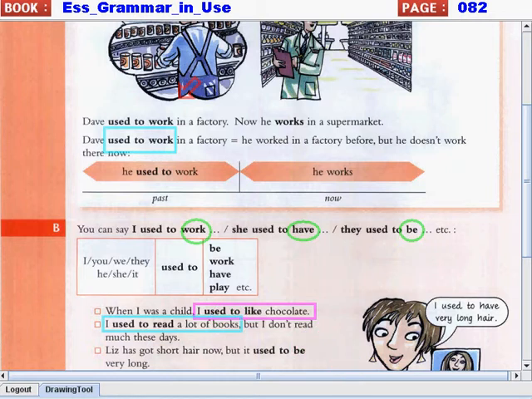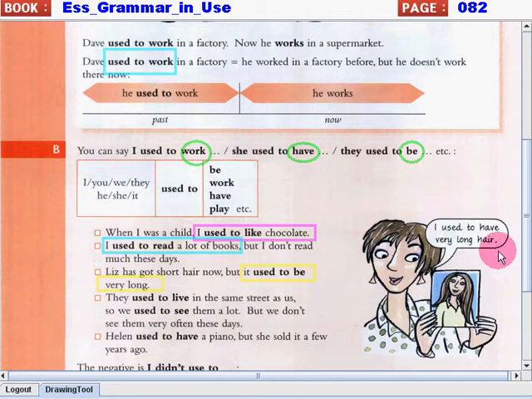Last, "Liz has got short hair now, but it used to be very long." We are talking about Liz's short hair now. Now she has short hair, but before her hair used to be very long.